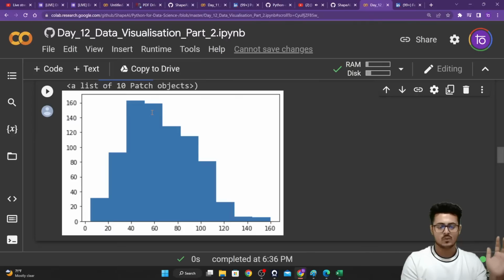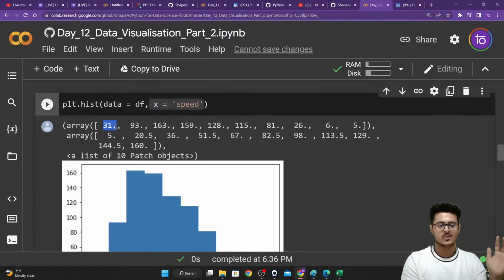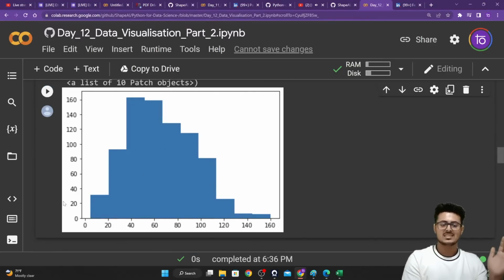And the number of counts in each of them, you are able to see: the first count is 31, the second count is 96, the third count is 163 Pokemons, the fourth count is 159 Pokemons. That is the representation of it in a histogram. This data has been represented in a histogram.